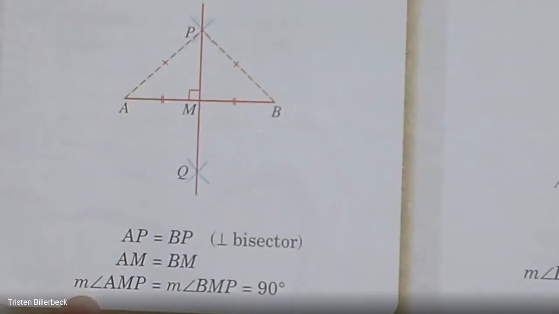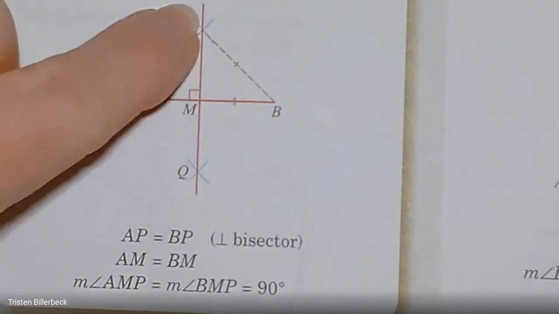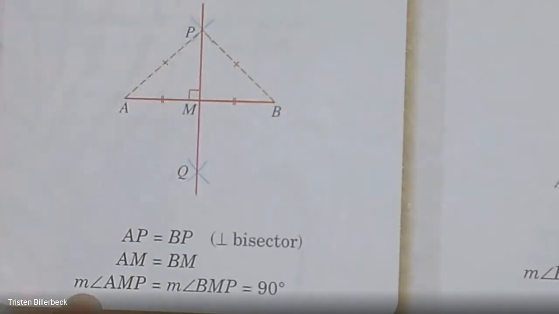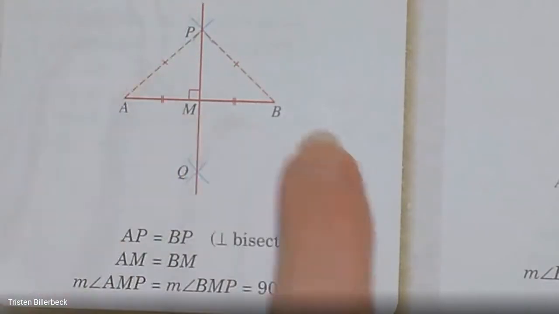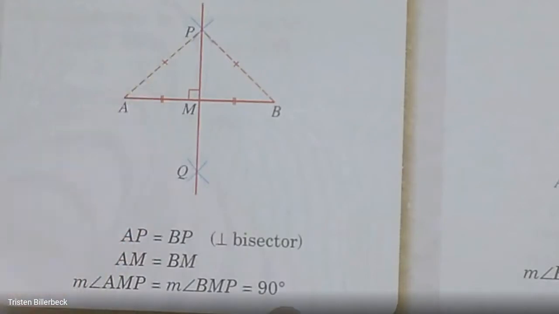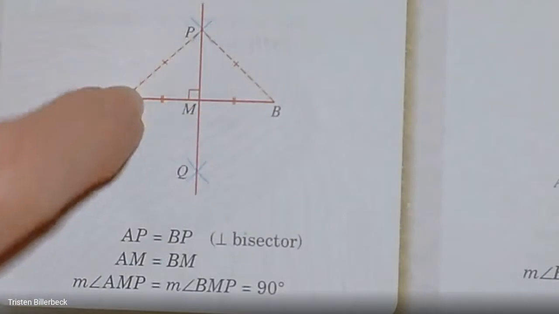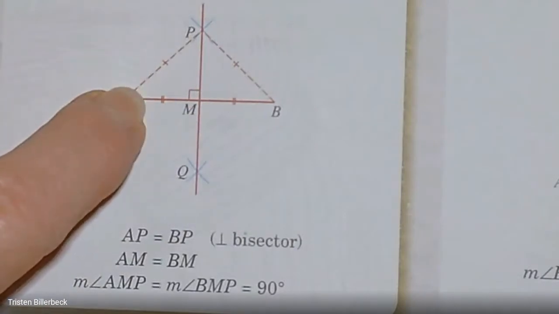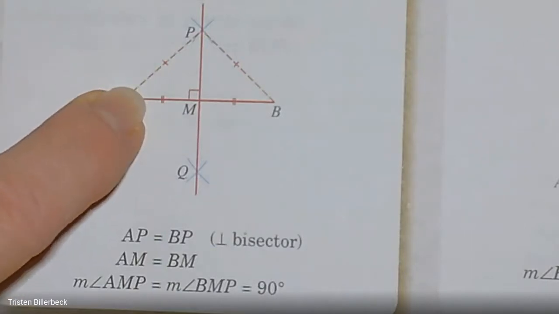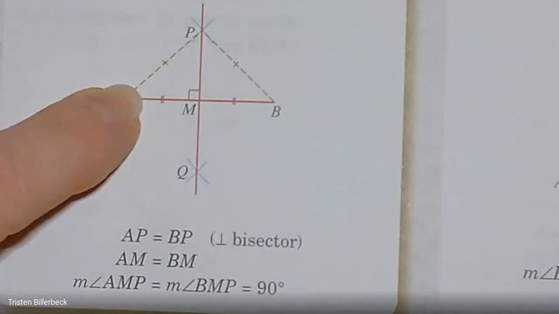Now we have the measure of angle AMP equals the measure of angle BMP. And those equal 90 degrees because if this is 90 degrees and the whole thing together is supplementary, it adds up to 180 degrees. Well, what's 180 degrees minus 90 degrees? That's right, 90 degrees.